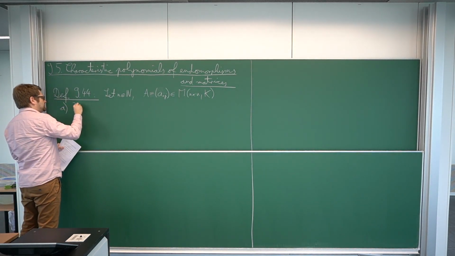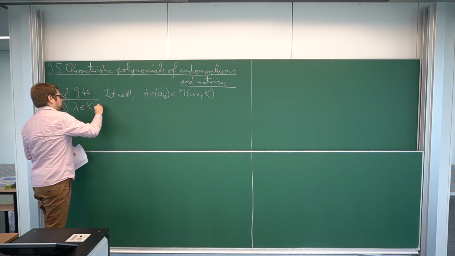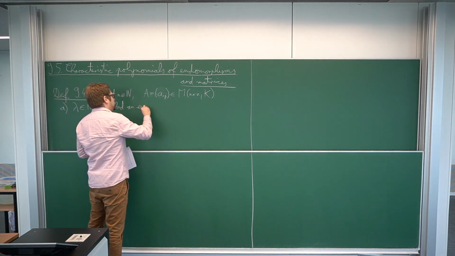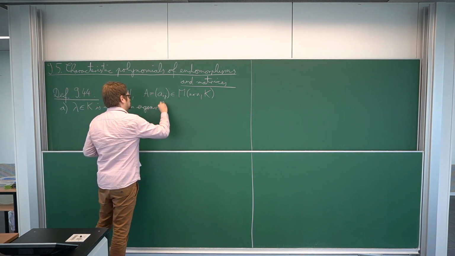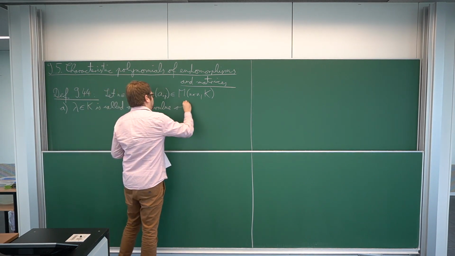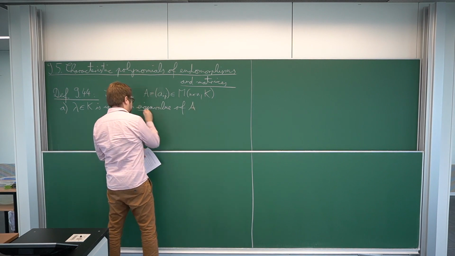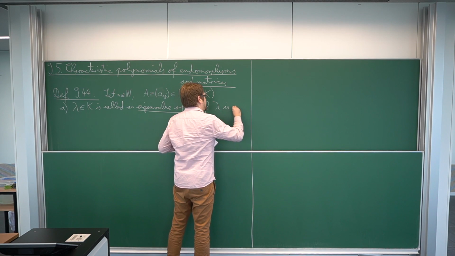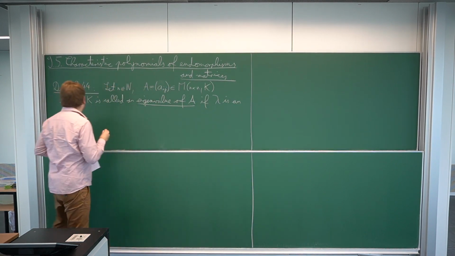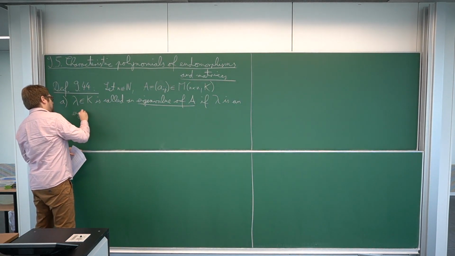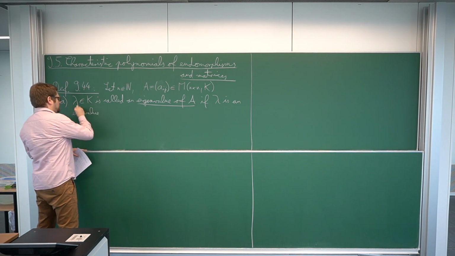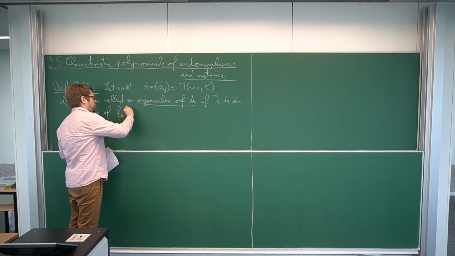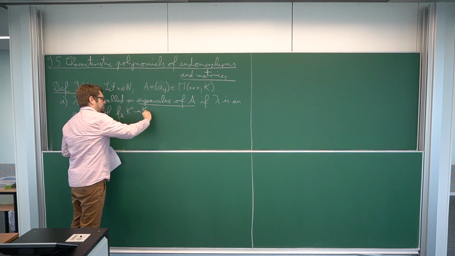A number lambda in K is called an eigenvalue of the matrix A, very simply, if lambda is an eigenvalue of the induced map F_A, which is a map from K^n to K^n.